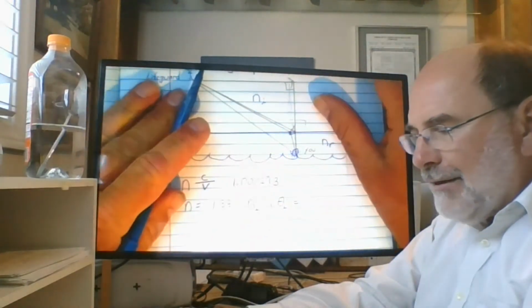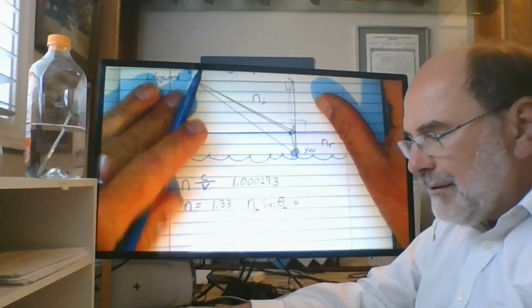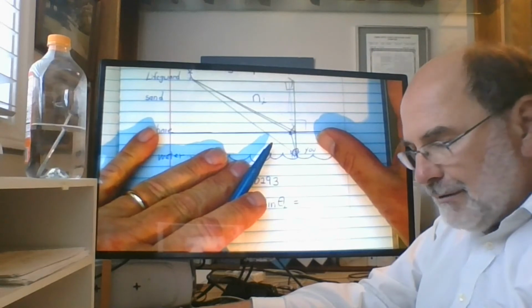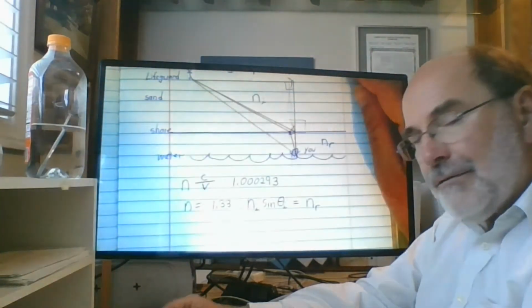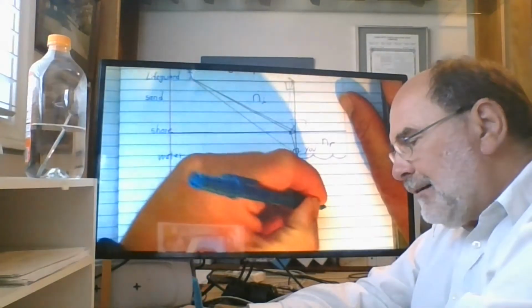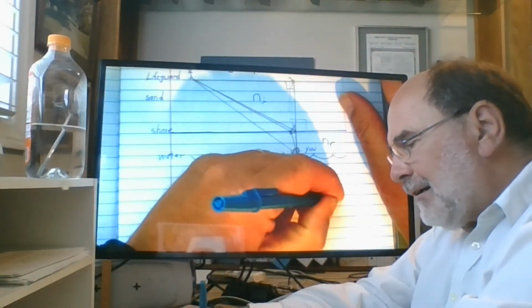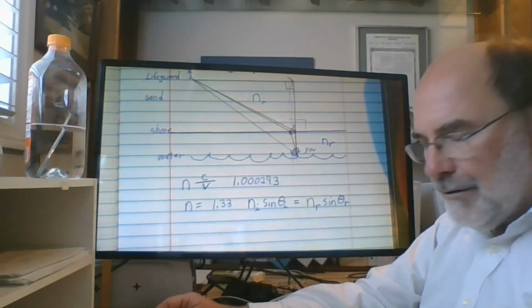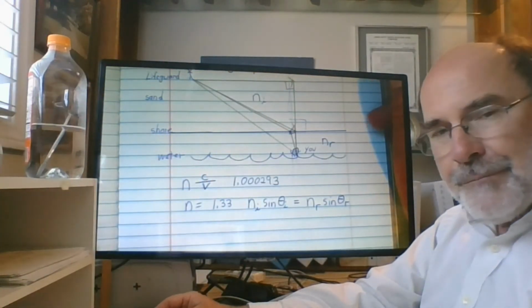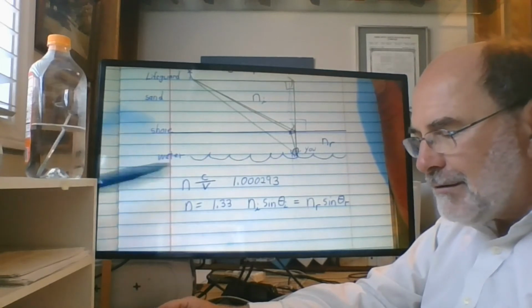All of that is on the outside or the first material. On the other side of the boundary, in the new material, it's the index of refraction of this second material times the sine of the angle of refraction in that material. So this is Snell's law. So there's really two equations in this little video clip.